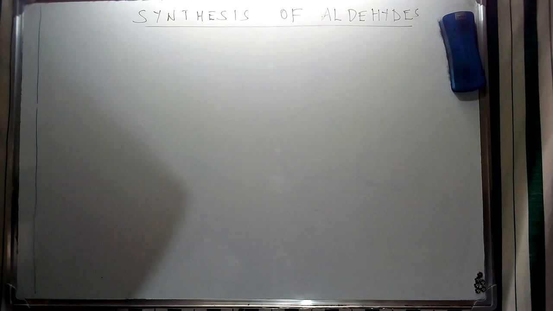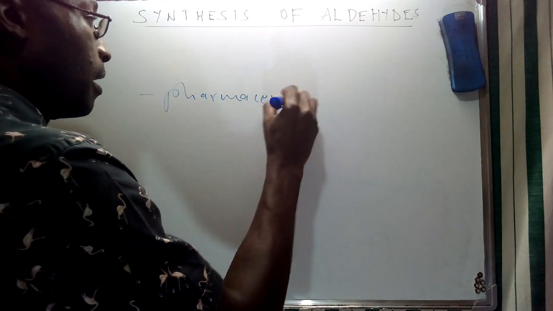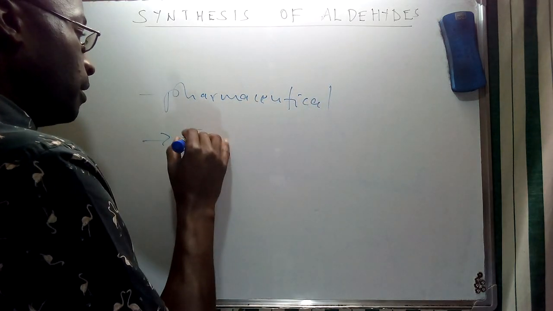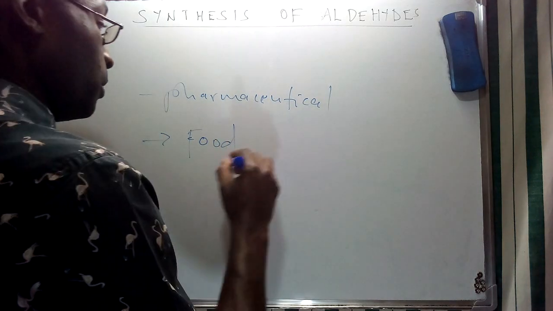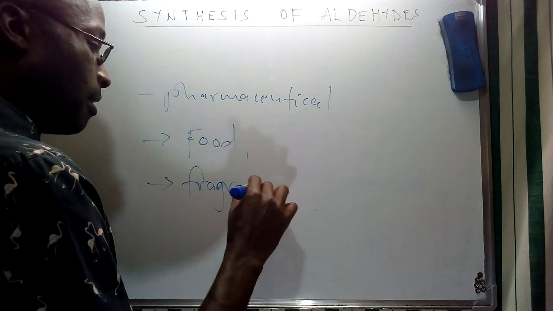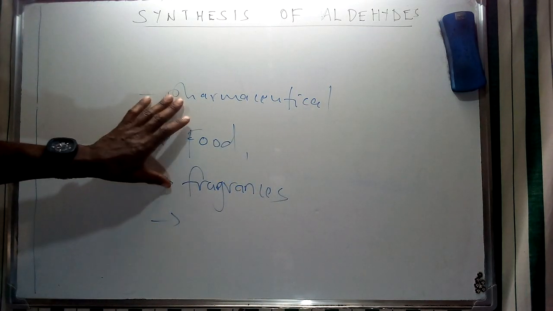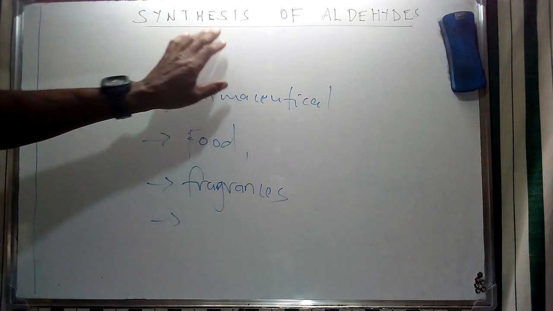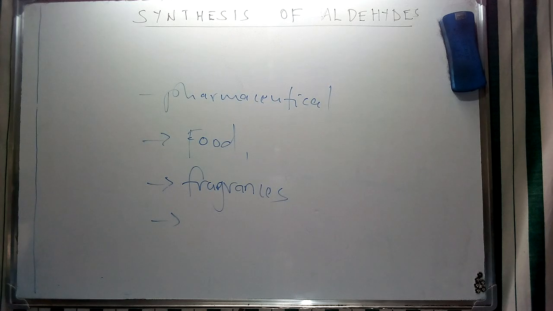We had mentioned diverse uses of these products, which are aldehydes, and we said that generally they can be applied in the pharmaceutical industry, and of course the food and beverages industry. And lastly, I said that they can be used in the perfume industry as fragrances and in other cosmetics, etc. In order for us to know how these are achieved, it's good for us to appreciate their relevance in our society.